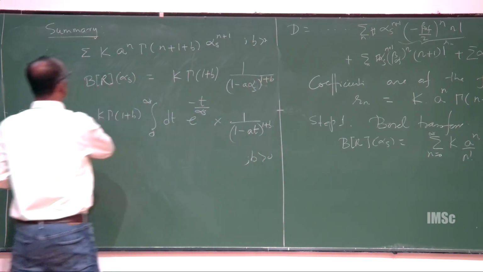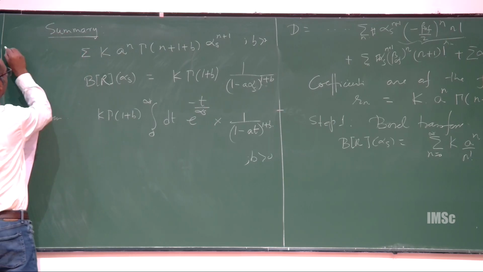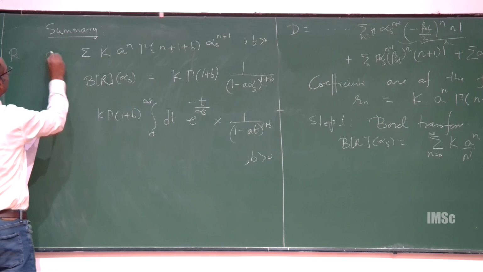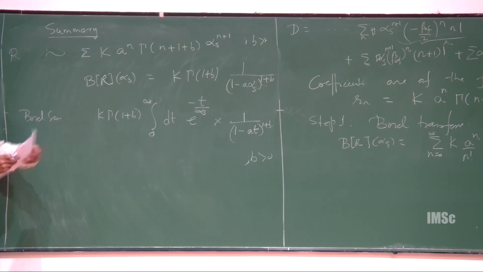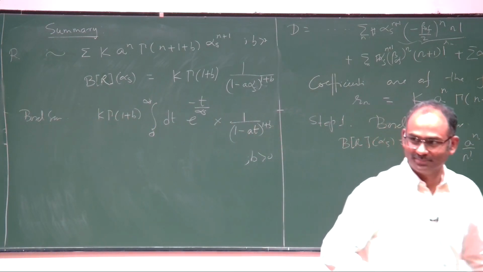B of R. I have been saying that I have a series, let us say I knew R, suppose I knew R and it is asymptotic to this series. So that is the R in there. Now you might be happy that I will do the integral and I will have a Borel sum, and we would have summed the series.